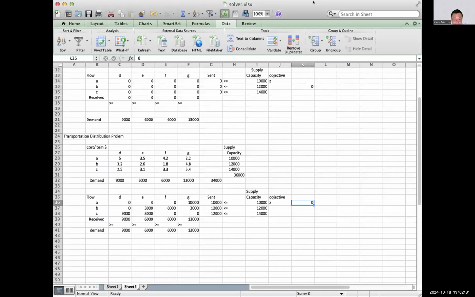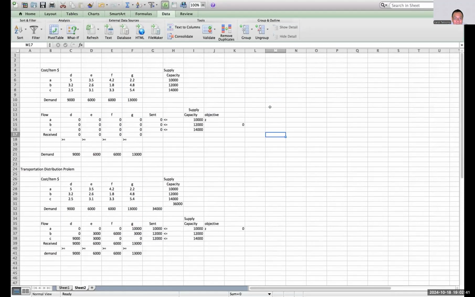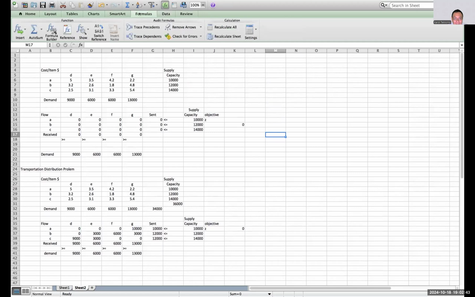Oh, you don't have solver. Okay, open it. If you go to file, you want to share your screen so that I can help you. Okay, you don't have solver. Or do you have maybe formulas in your case? No. Home.